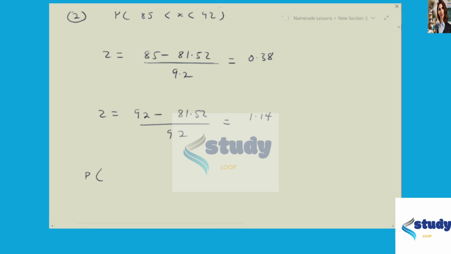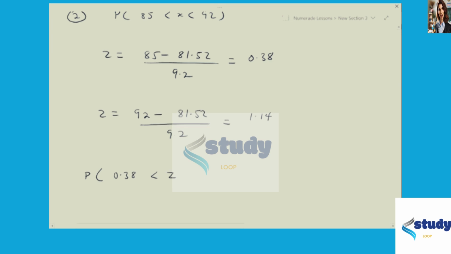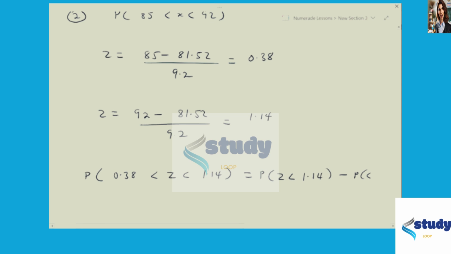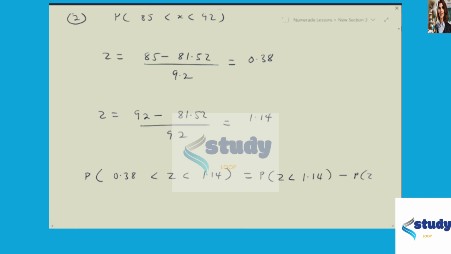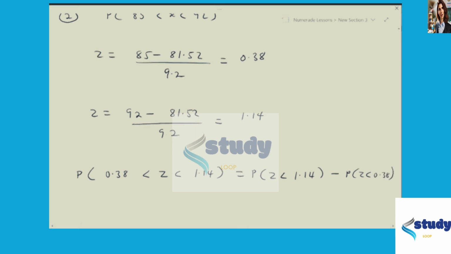Okay, so this becomes z that is greater than 0.38 and less than 1.14. So that becomes probability of z less than 1.14 minus probability of z that is less than 0.38.